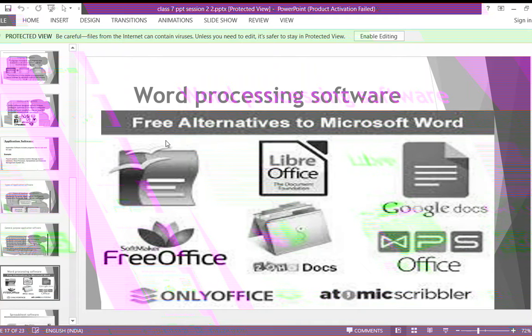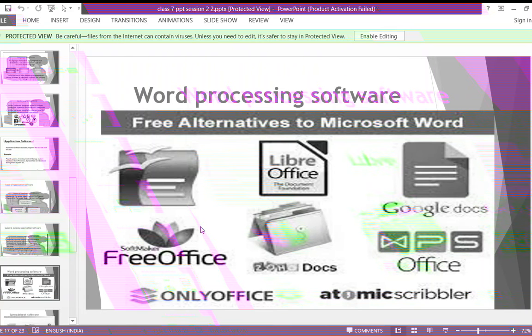So like that same thing, if you want to create a document, you can use these different softwares. Like you can use OpenOffice, Word, WordPad, Writer, WordPerfect. So these are all different softwares, with the help of which you can create the document.